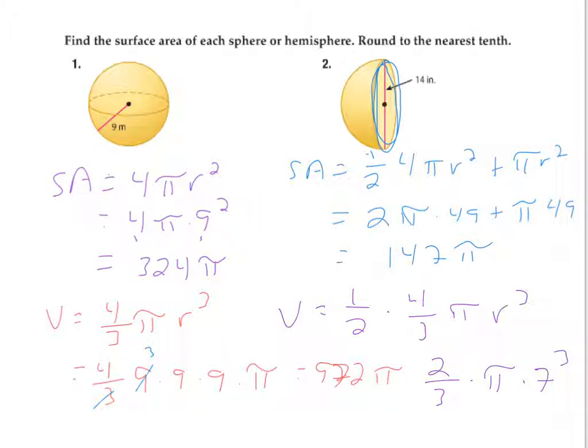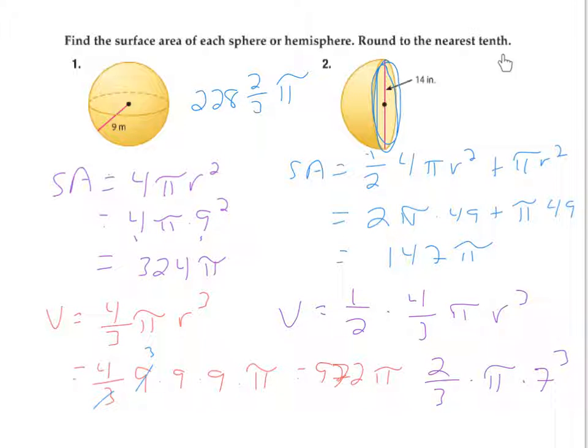I know 7 cubed: 49 times 7 is 343, times 2 divided by 3 equals 228 2/3 pi.